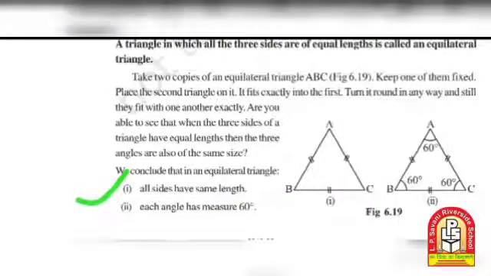So we conclude that in an equilateral triangle all sides are the same and each angle has a measure of 60 degrees.